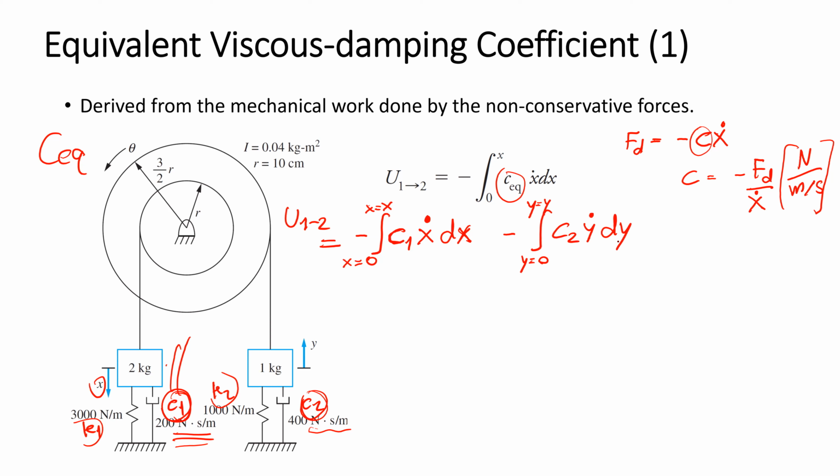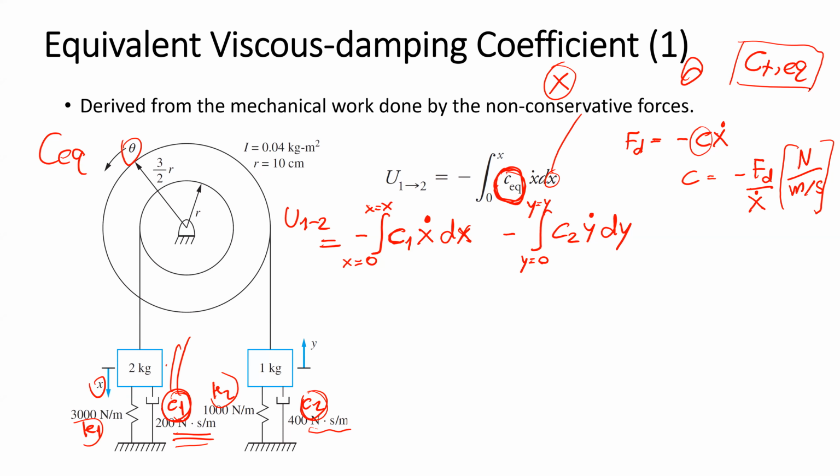In the system, if we want to obtain the equivalent, we may need to select the generalized coordinate. In today's class, I will select x as the coordinate, but I would ask you to try to use theta as a generalized coordinate and obtain the torsional damping coefficient equivalent.